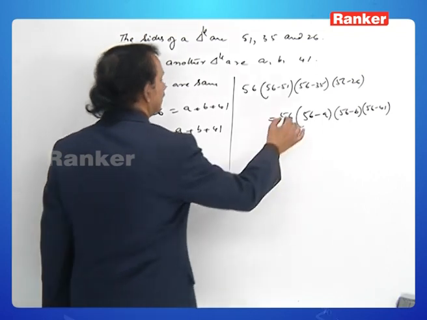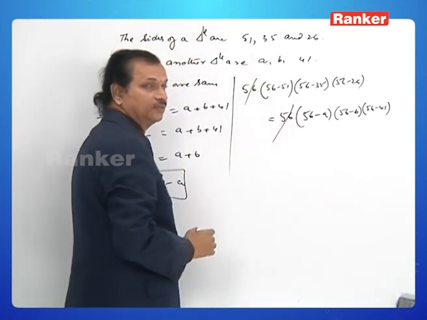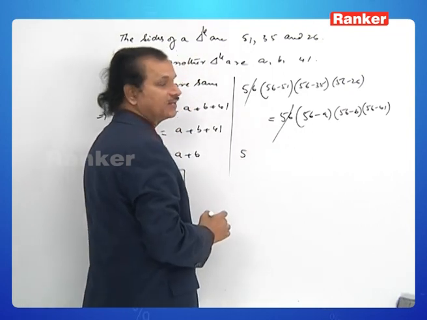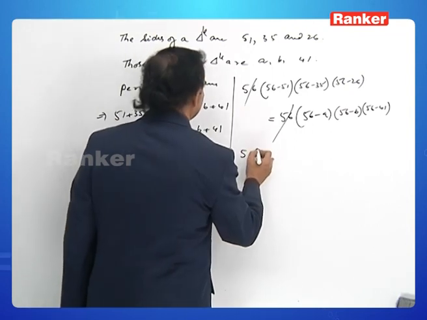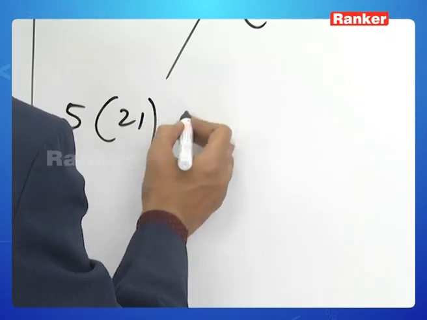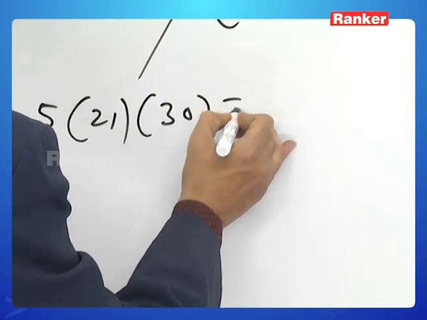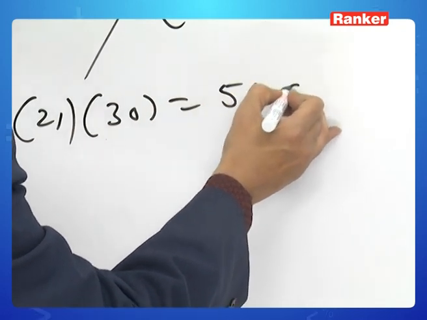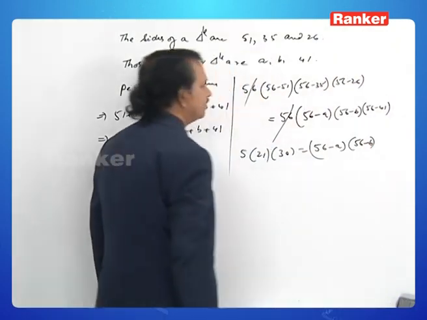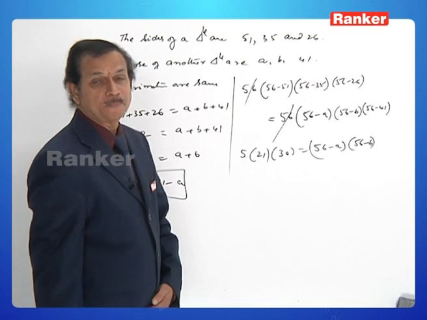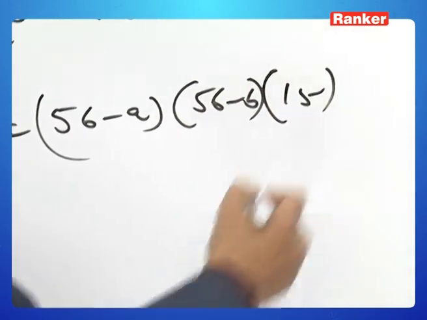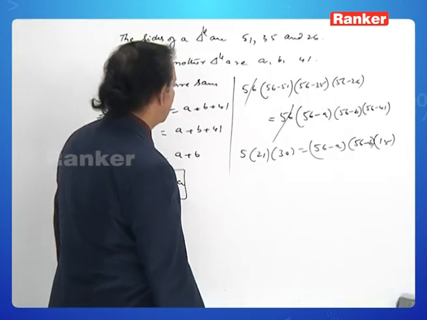Okay, 56 can be cancelled. 56 minus 51 is 5. 56 minus 35 is 21. 56 minus 26 is 30. This is equal to 56 minus A into 56 minus B into 56 minus 41. 56 minus 41 is 15.